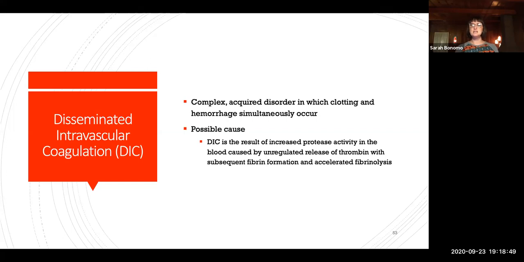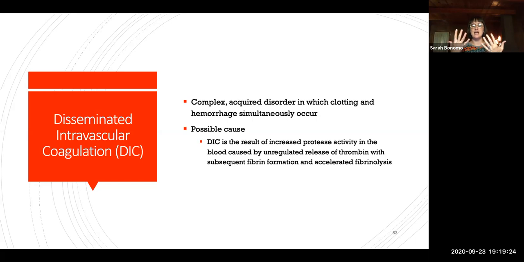But this is something you need to tuck away for future reference, because especially in your patients in the ICU or who have had a traumatic injury, this is a very real possibility, and it typically results in death. It's a really complicated cascade where the body starts clotting rapidly, and it uses up all of its clotting factors really fast, so there's no possibility of replenishing them quickly enough.